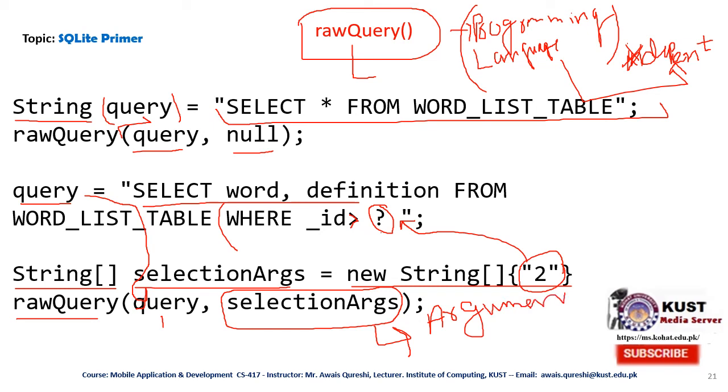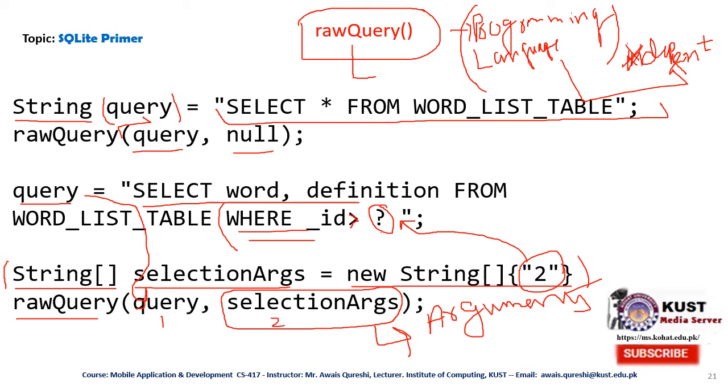Arguments, because this query requires one argument for the WHERE statement. So where did those arguments come from? We have created this query as a string, and then we have also created query parameters. We can say this is a query parameter. We have created an extra array called selectionArguments, and we have given 2, and we have passed this as a second argument.